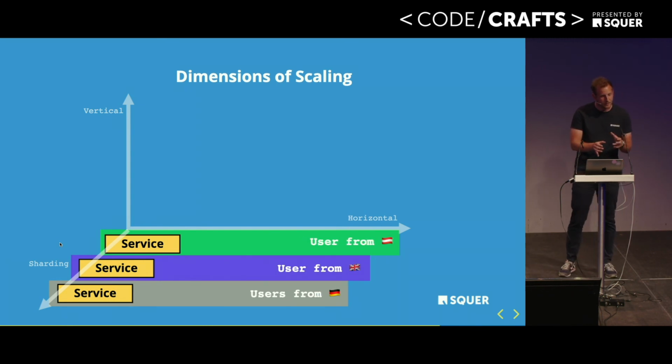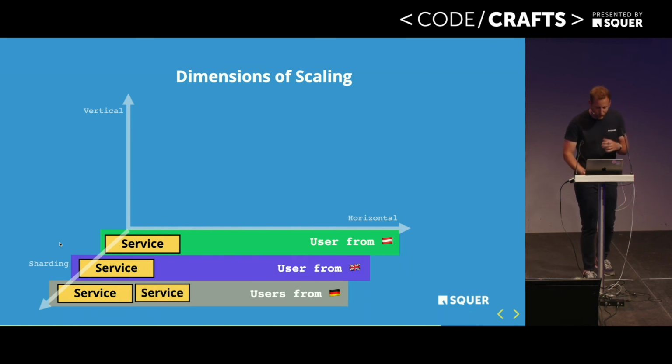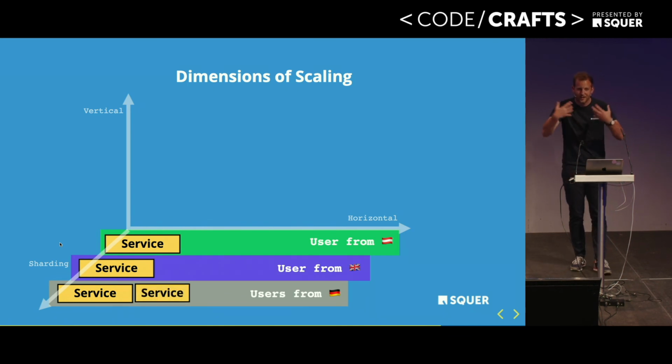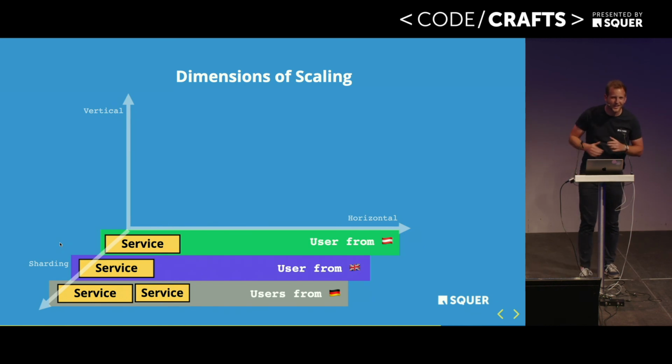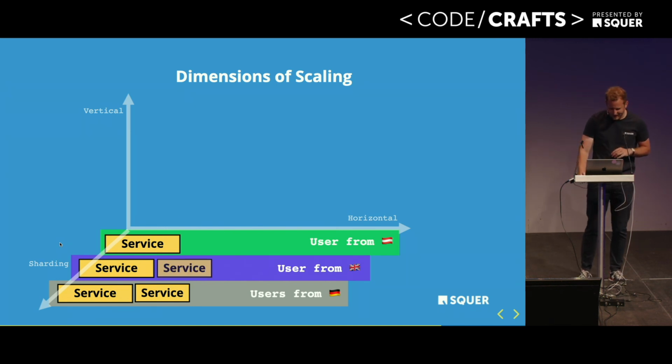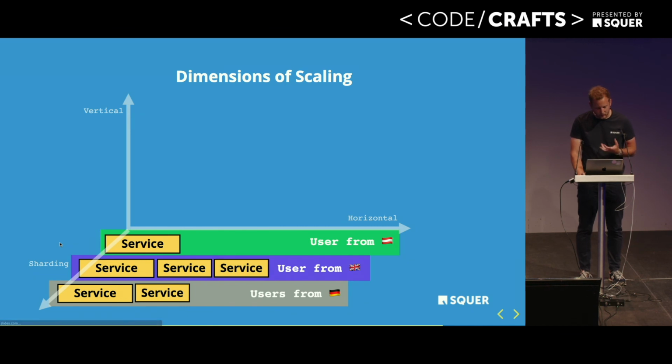And then we can even horizontally scale in those shards and even vertically scale in the shards, and then you are, I would say, at the place you want to be when it comes to scaling, yeah. And basically, this is what we then usually do, right?